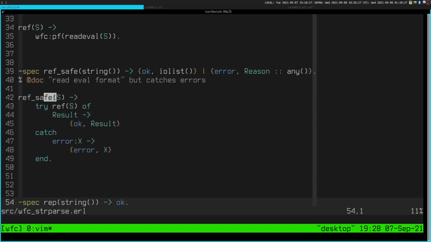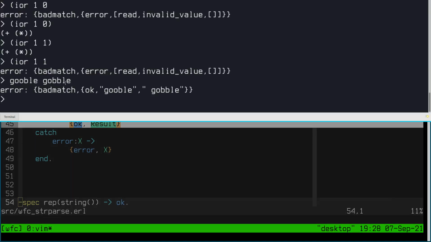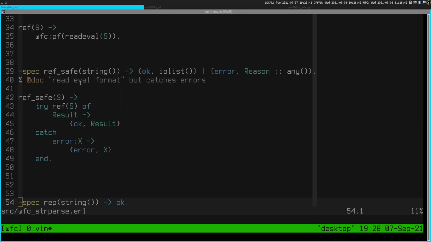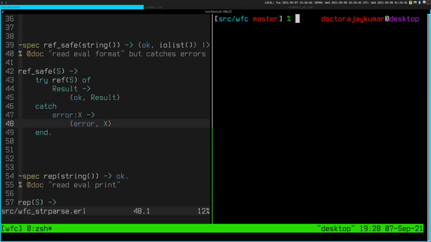It sends it to this, and then it's either an OK result, in which case the result is pretty formatted and printed, or an error, in which case it prints an error. That's how it works. In fact, let me just show you.